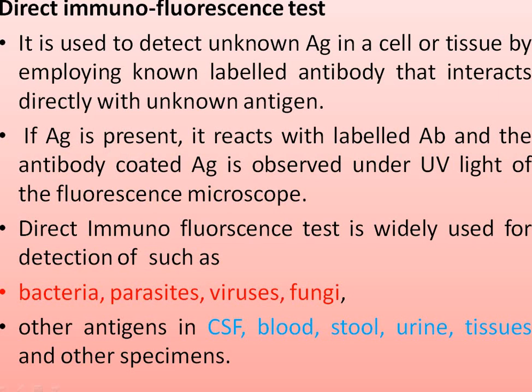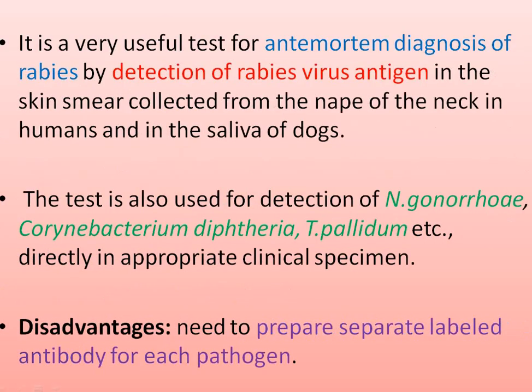Direct immunofluorescence test is widely used for detection of organisms like bacteria, parasites, viruses, fungi, and other antigens in CSF, blood sample, stool sample, urine sample, then tissue and other specimens.